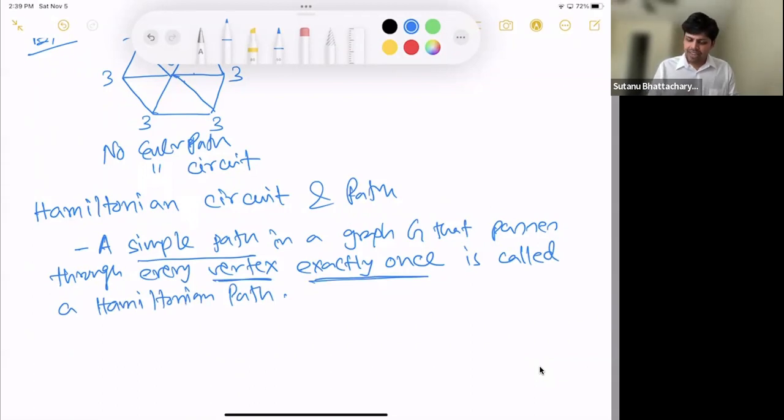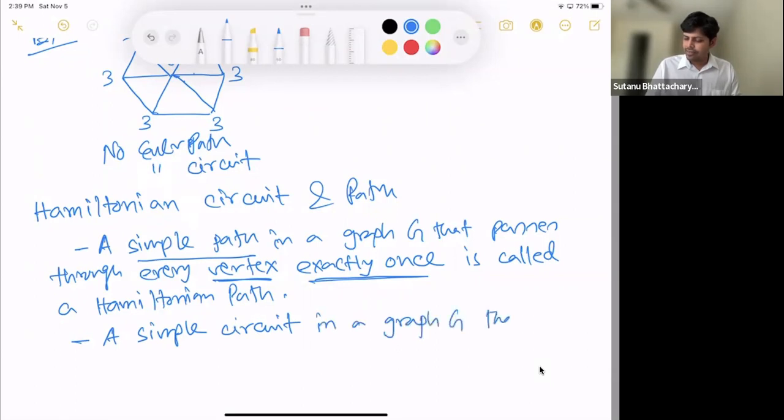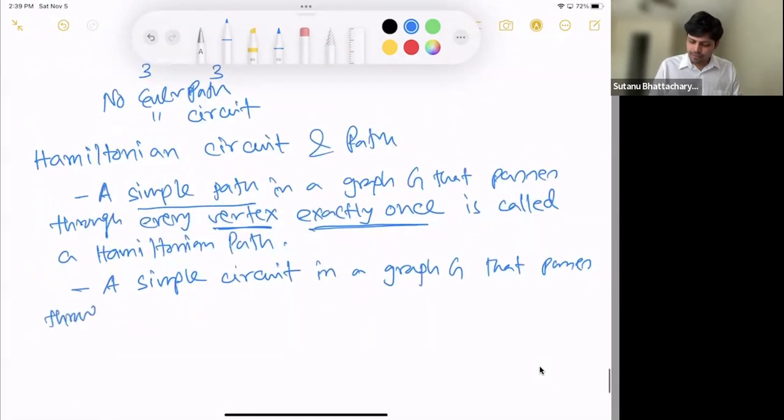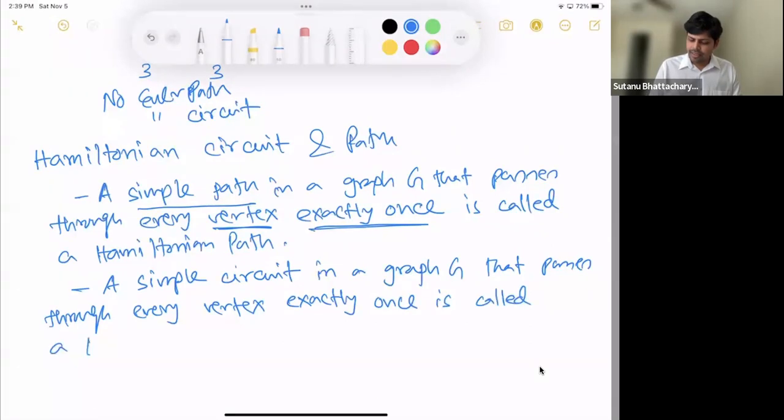Here, every vertex. And similarly, a simple circuit in a graph G that passes through every vertex exactly once is called a Hamiltonian cycle.